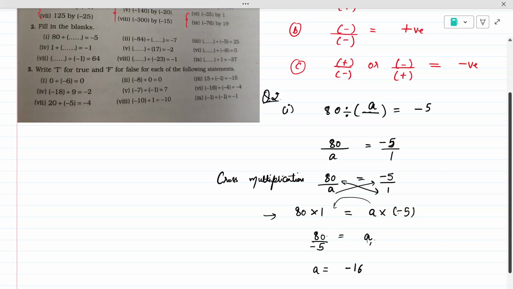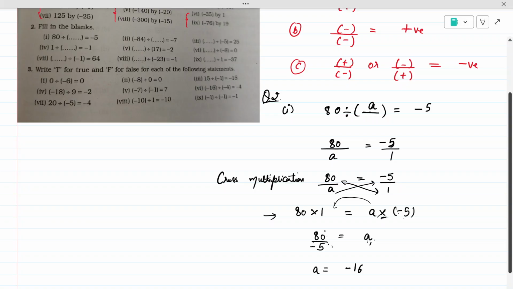So whenever we move any number to the other side across the equal to sign, then that number, which is in multiplication here, will go into division in this part. That's why this minus 5 is not going to the numerator, it is going to the denominator, for the reason that here it was in multiplication, and when it is moving across the equal to sign, from right hand side to left hand side, this multiplication is changing to division.